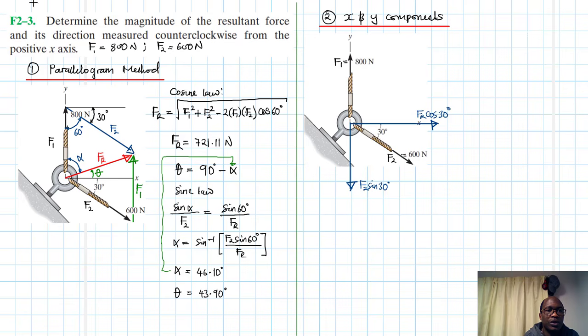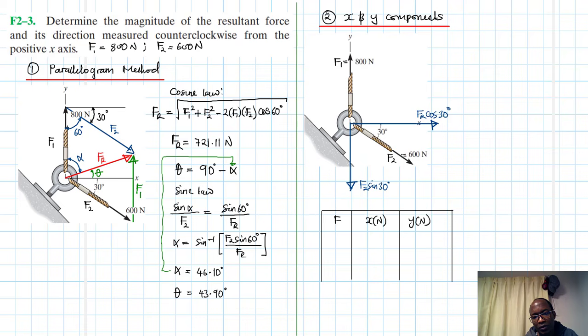Okay, so let's draw a table. We have the x component in newtons, and the y component in newtons. We draw the columns, and we only have two forces, 1 and 2, and another row for the summation.